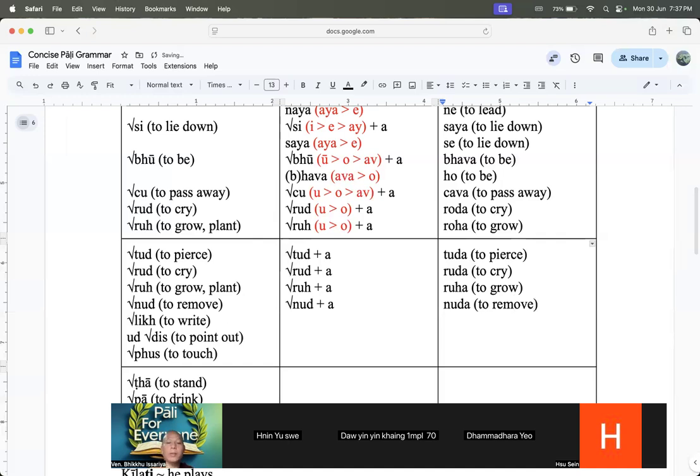No changing, you see, directly added, even though we can find such a u vowel. So here lik, to write. So lik and the a, so likati. Likati means to write. So likati, he writes, likanti, they write, likasi, you write, in this way.